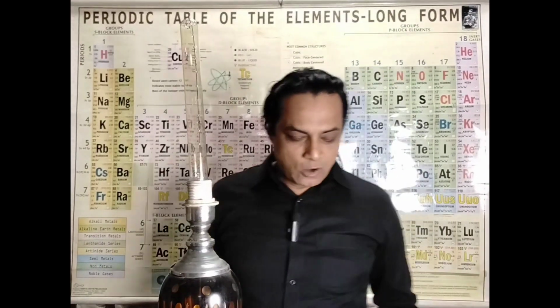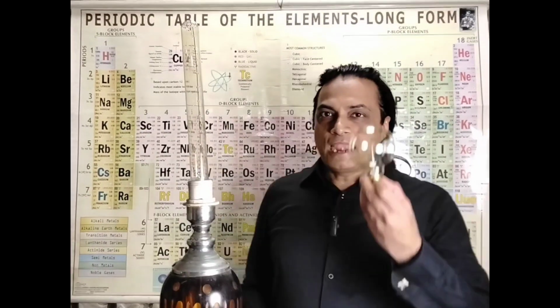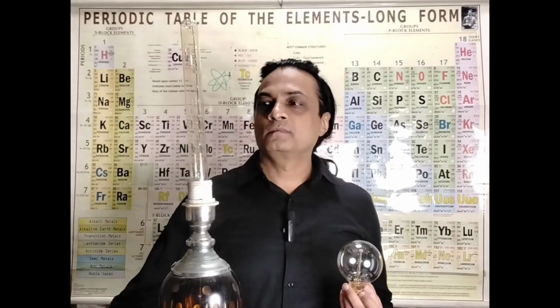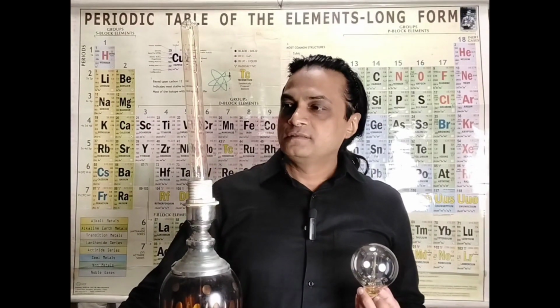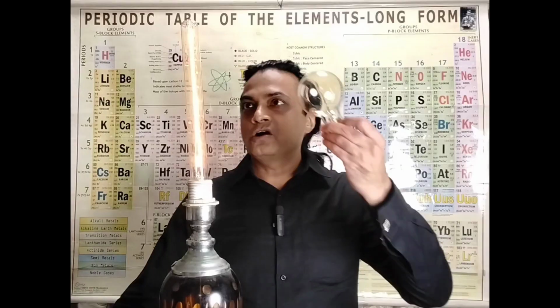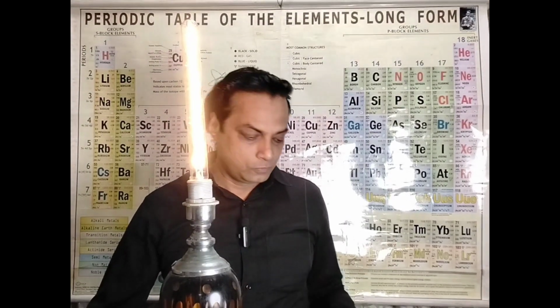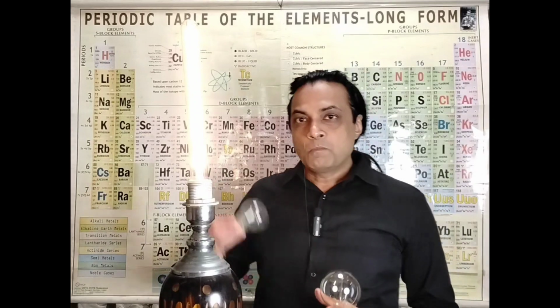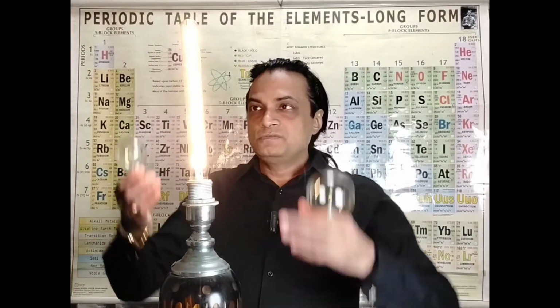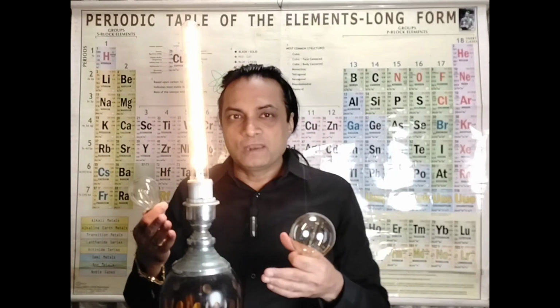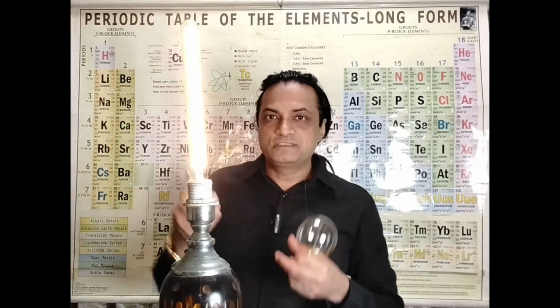All right, now let's take a look at vintage Edison bulbs. You can see here the vintage bulbs with long tungsten filaments. Just like a modern incandescent bulb, these vintage Edison bulbs also consisted of a glass envelope and neutral gas therein.